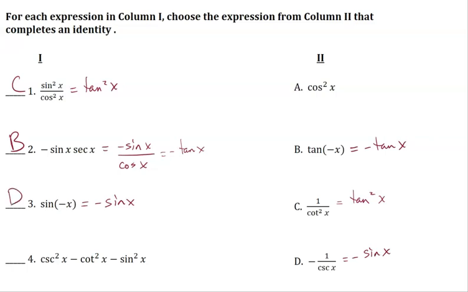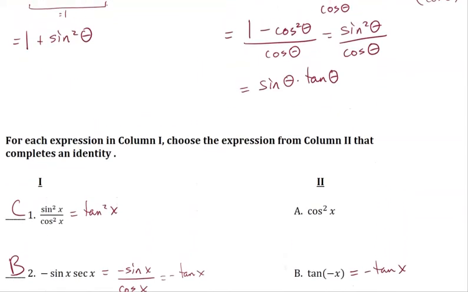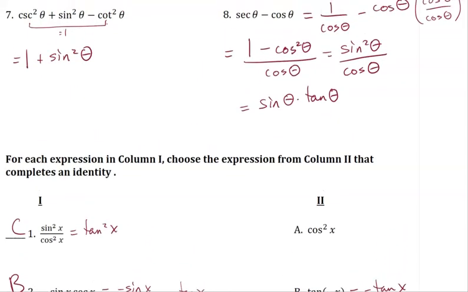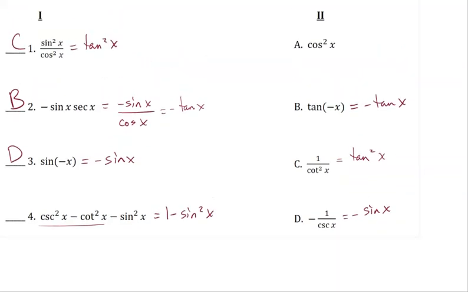And by process of elimination, I know that this one's going to be A, but let's go ahead and check. Cosecant squared minus cotangent squared is the same Pythagorean identity in the same order that I had up here on number 7. So cosecant squared minus cotangent squared is equal to 1. So this is 1 minus sine squared x. 1 minus sine squared x is equal to cosine squared x by the Pythagorean identity. So A is correct.